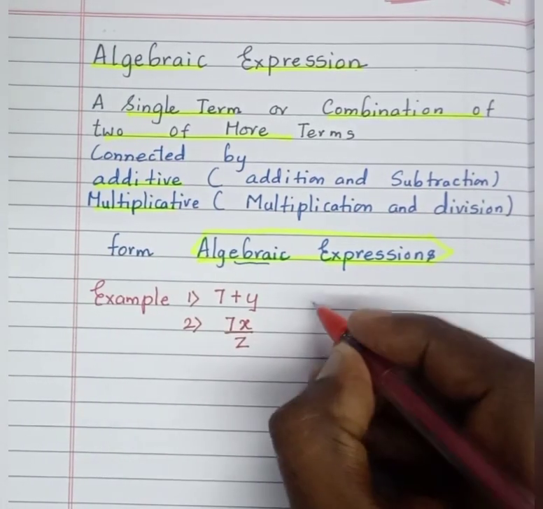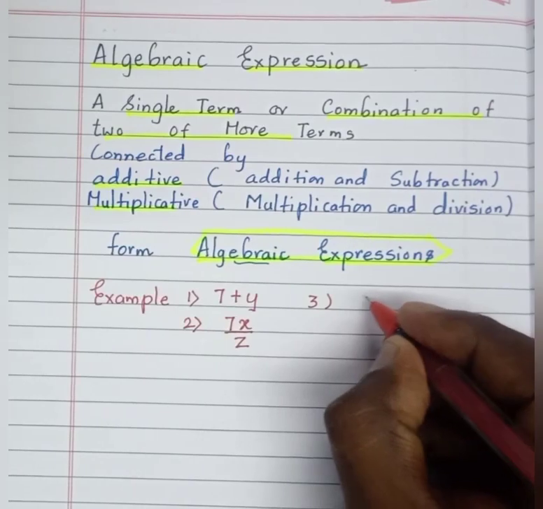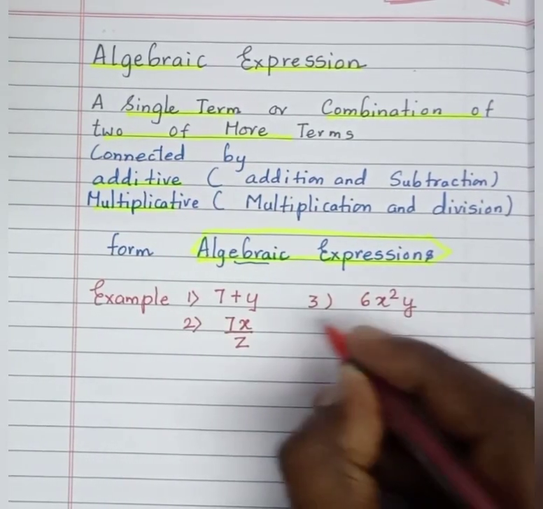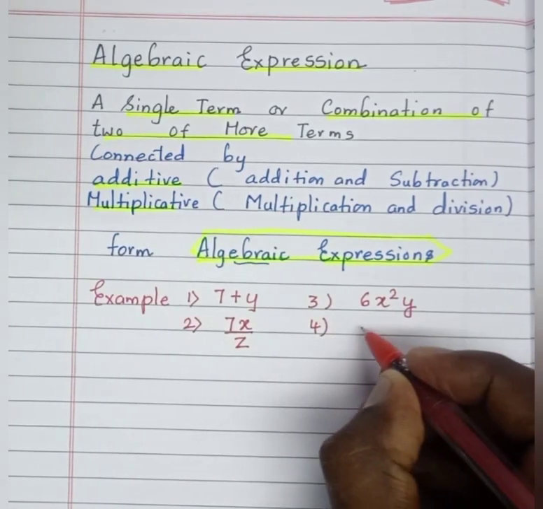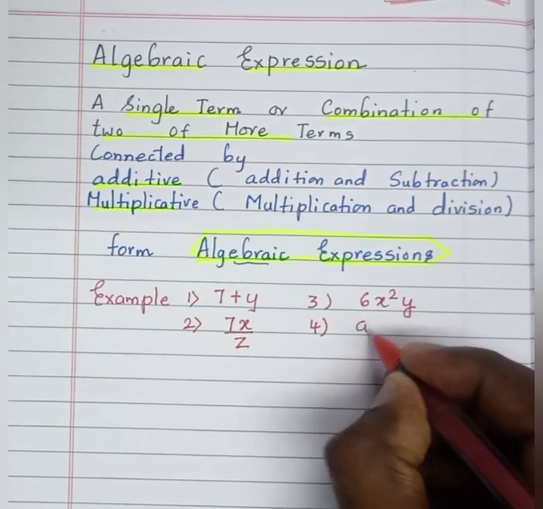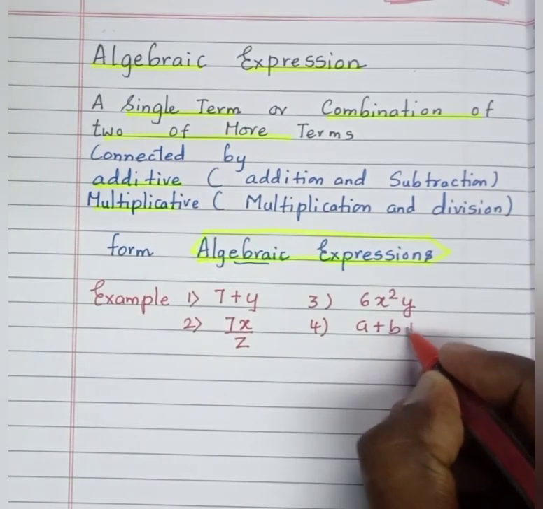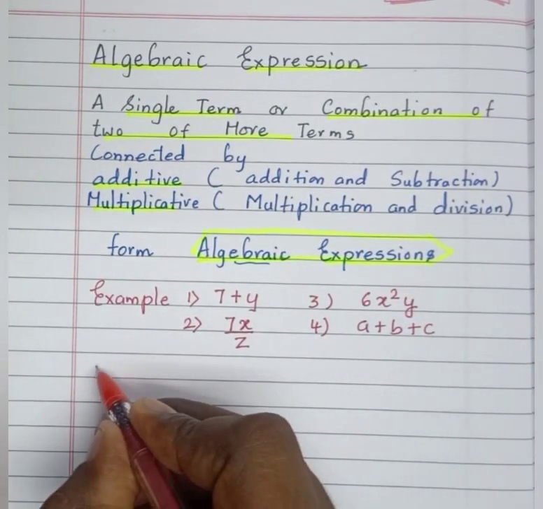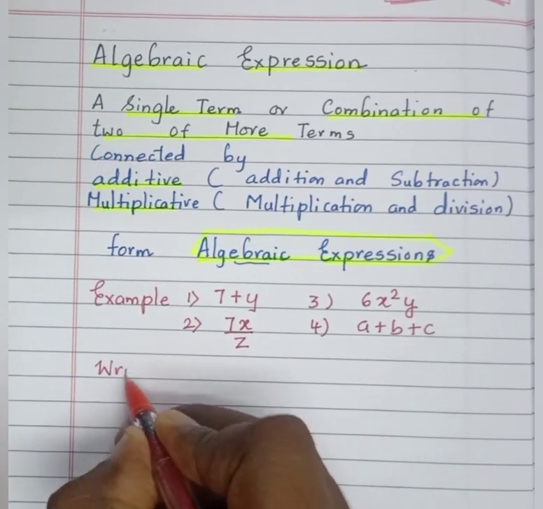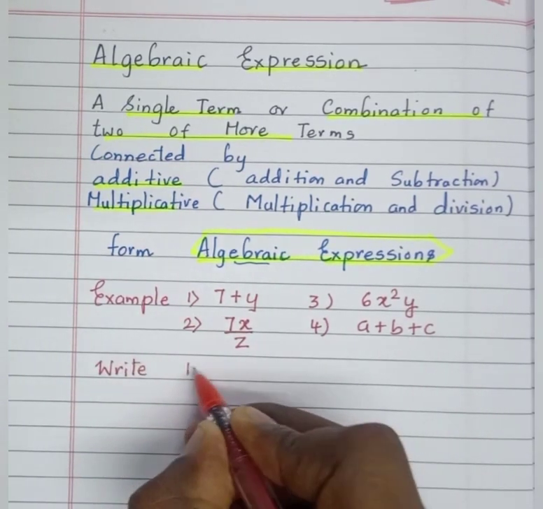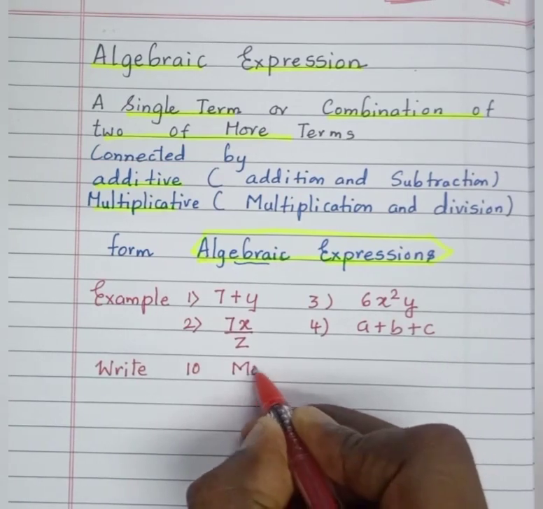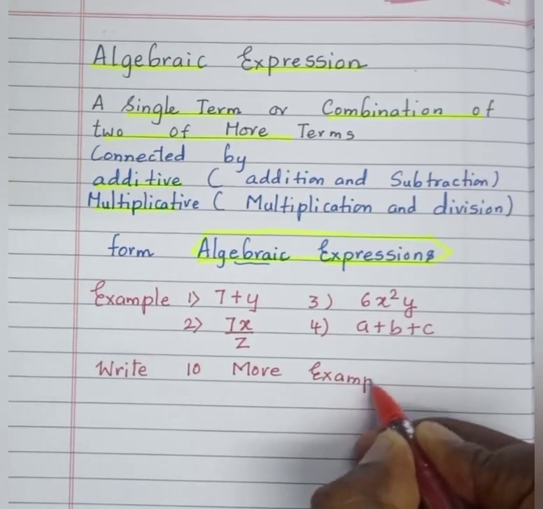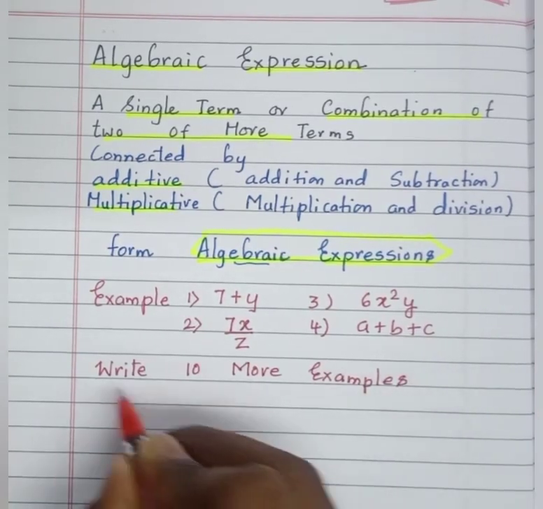Third example, 6x square y. Fourth example, a plus b plus c. If you observe, all these are terms. Terms make an algebraic expression. So write 10 more examples for algebraic expressions.